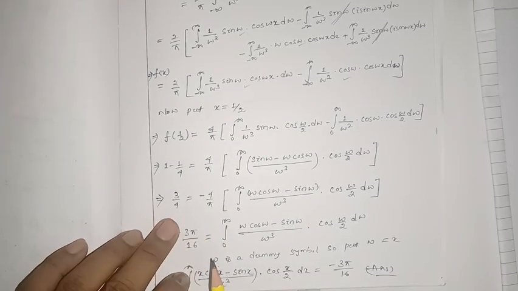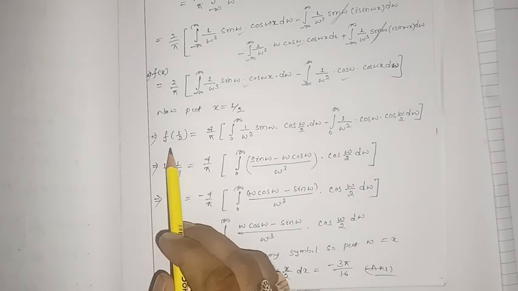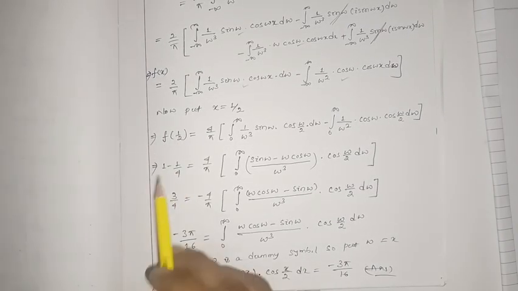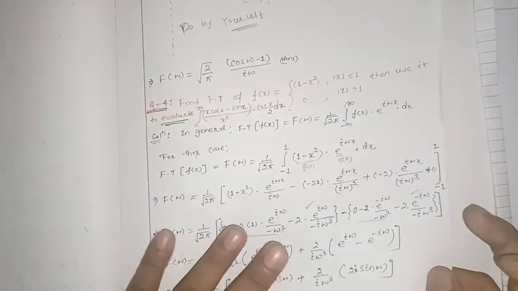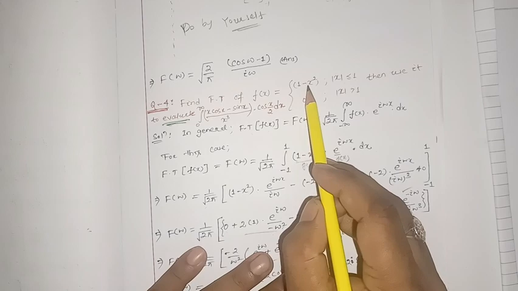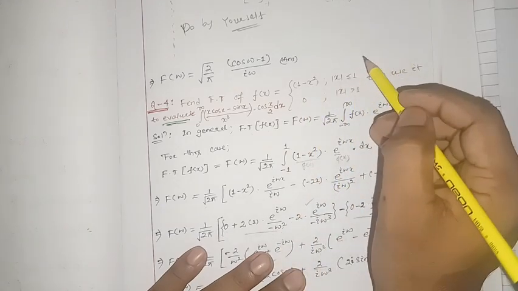Now here you can see that f of 1 by 2 value is 1 by 1 minus 1 by 4. Why? See, in your question it has been given that f of x equal to 1 minus x square, which exists in between minus 1 to 1, right?